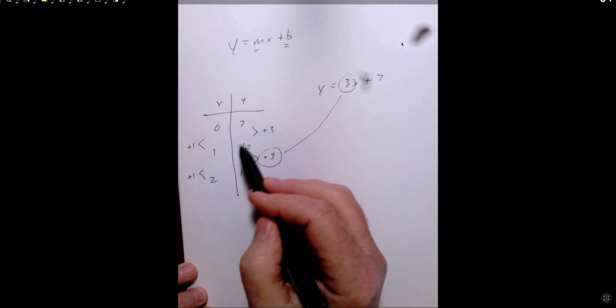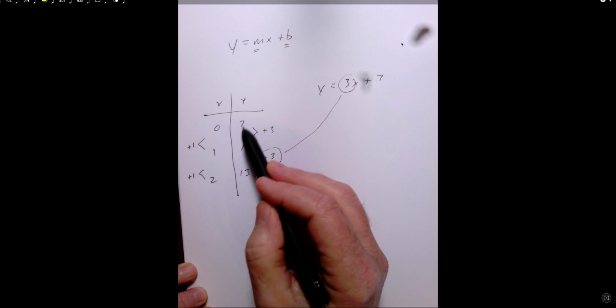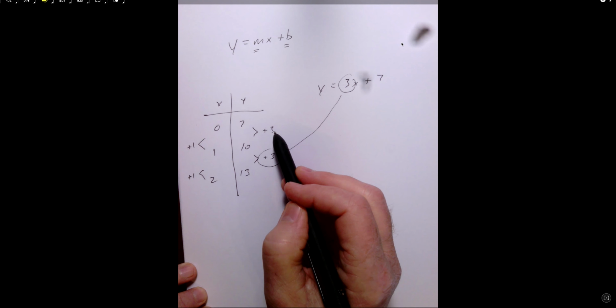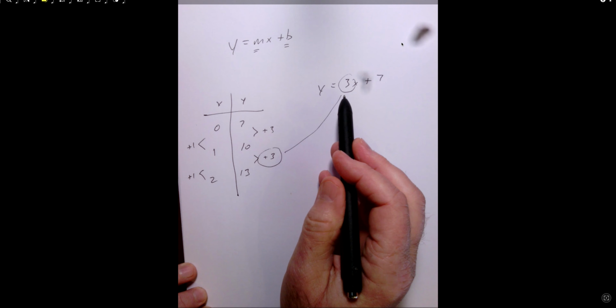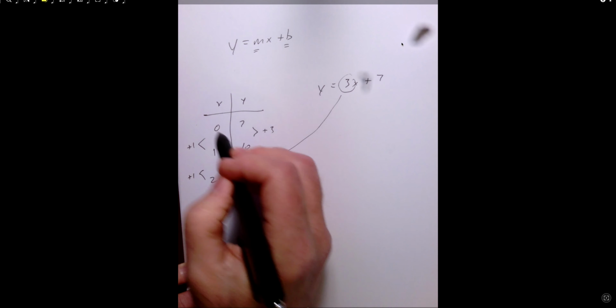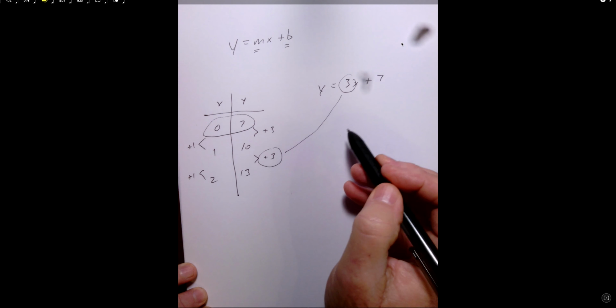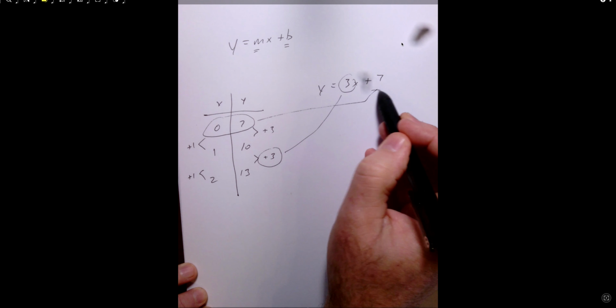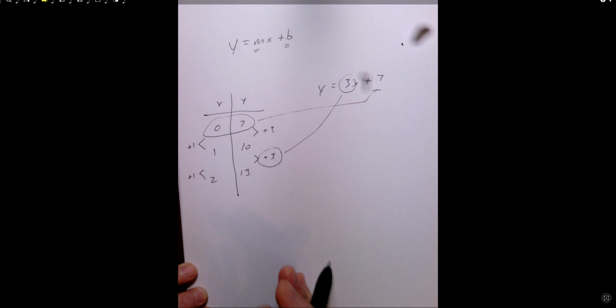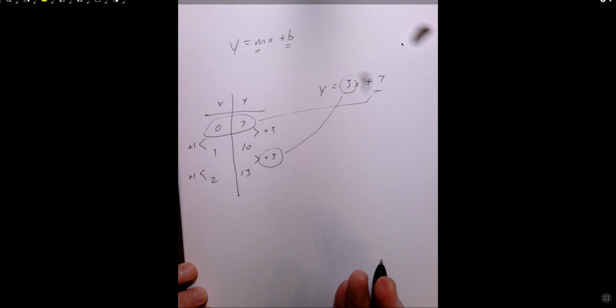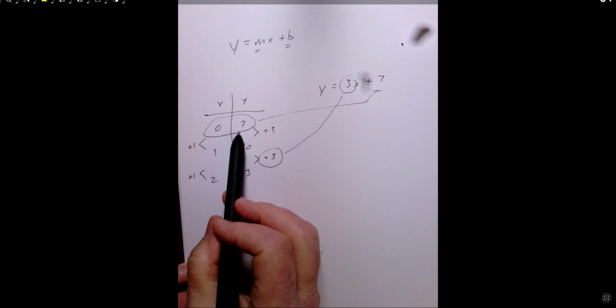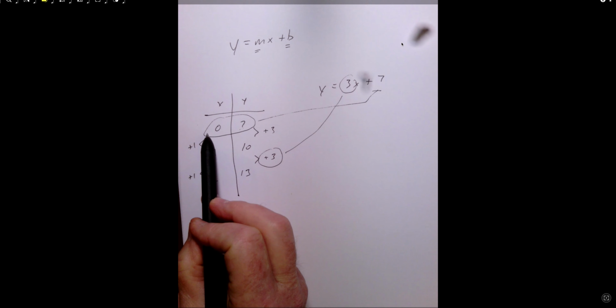As x increases 1 unit, the change in y is 3 units. That's what our slope is. Then I ask them, do you think it's by coincidence or by design that 7 just happens to be beside x equals 0? No, it's by design. That's precisely what the intercept is. It's the value of y when x is equal to 0.